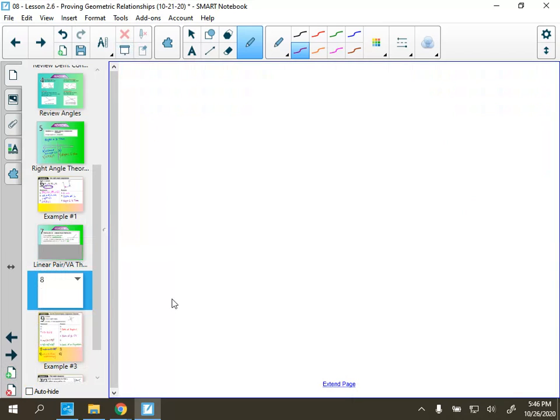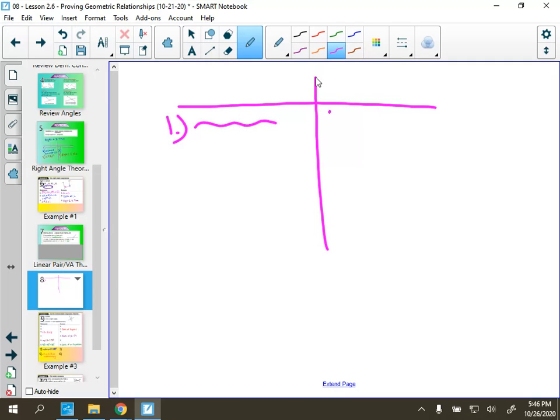What would this look like in a proof? Let's take a look. Something like the last one, real informal, where we're going to have some given information. No matter what it looks like, all I have to do is see it in a picture. Let's use some different numbers, angles 3 and 4.